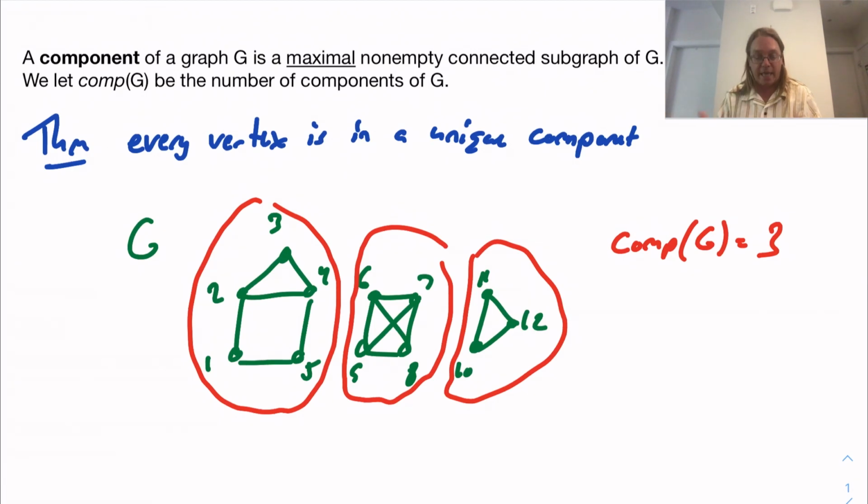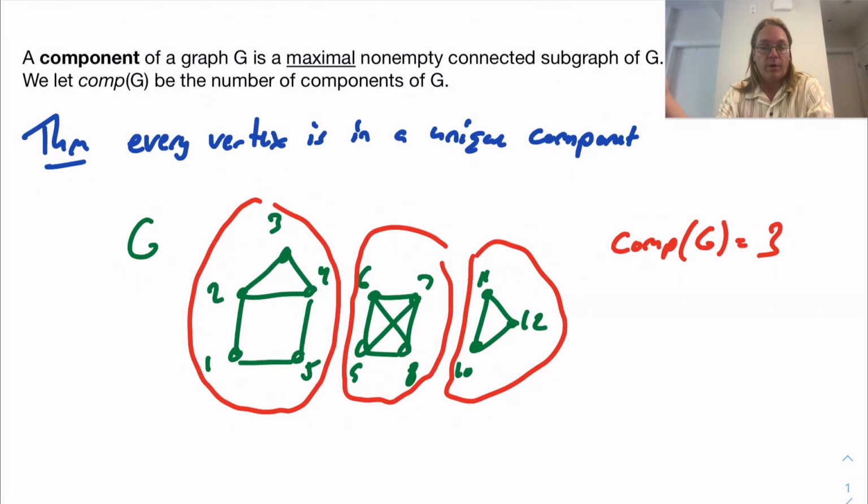Those are what we're formalizing as components now. But the main new thing we're doing here is getting our proofs rigorous and proper. So again, formally, a component is defined to be a maximal, non-empty connected subgraph.